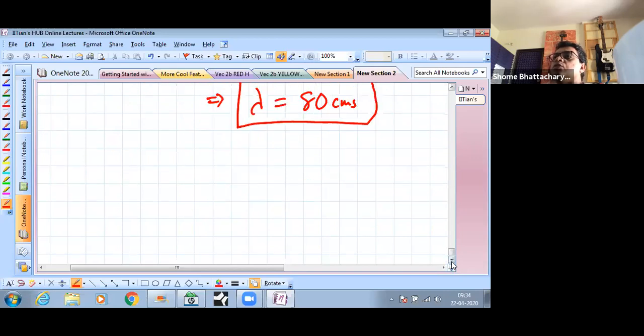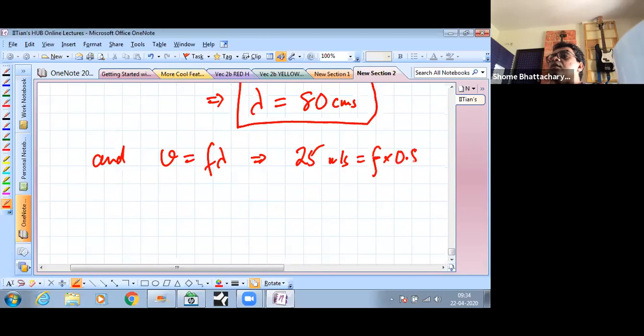Okay, because you can now see that the wave speed is nothing but f lambda. So soon you will get the frequency. So the wave speed was 25 meters per second. So that is equal to f into lambda, which we'll write now in meters. So 0.8 meters.